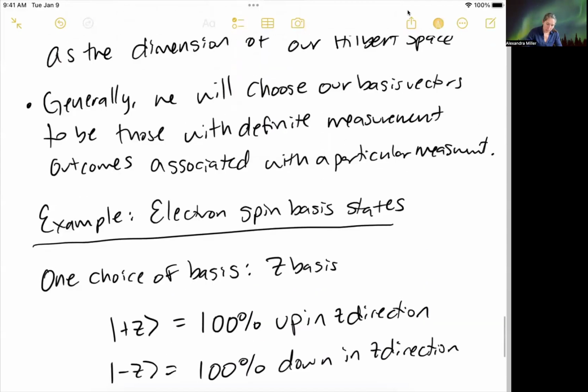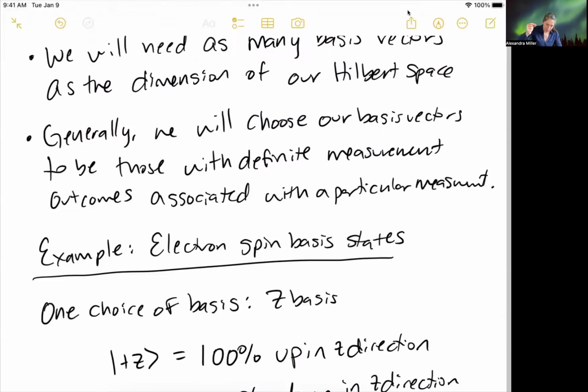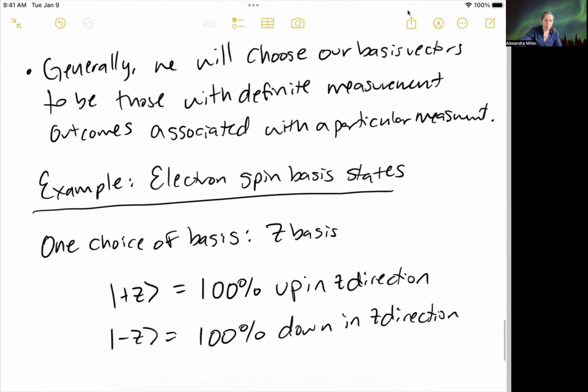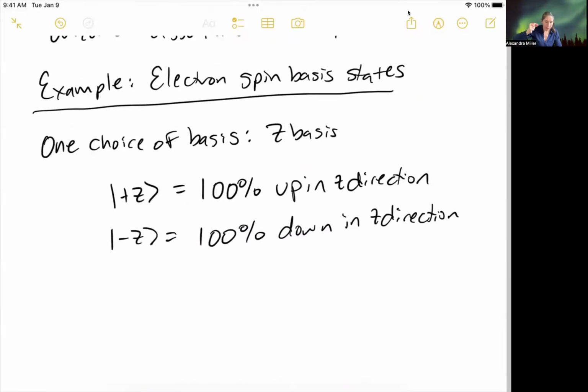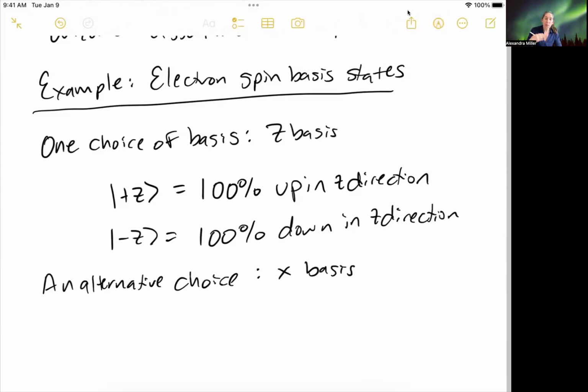So again, this is where I'm saying we're going to choose our basis vectors. They're going to be associated with a particular measurement that we might do. And the particular measurement we're focusing on here is measuring the spin along the Z direction. An alternative basis choice is the X basis. In this case, we're imagining instead we're making a measurement of the spin along the X direction.